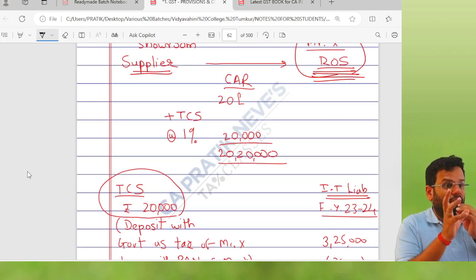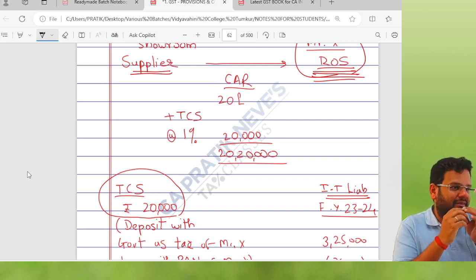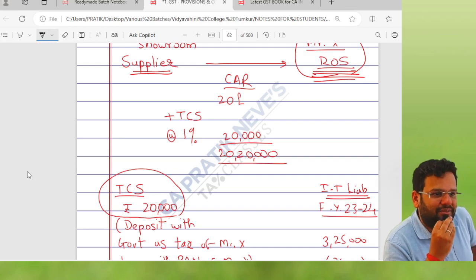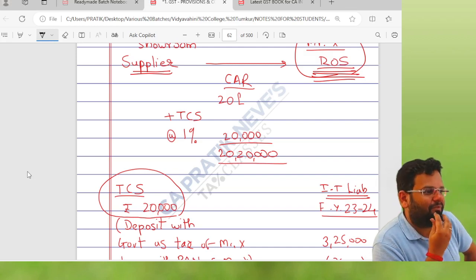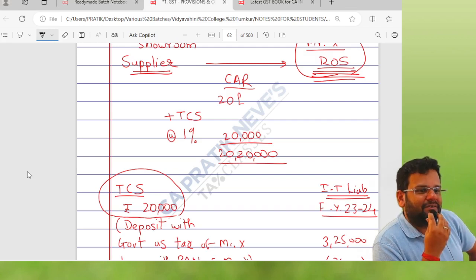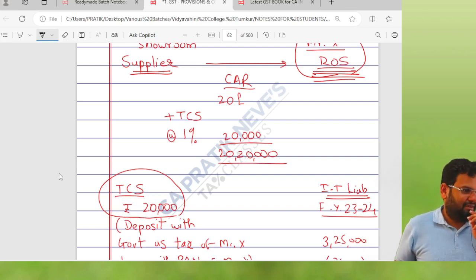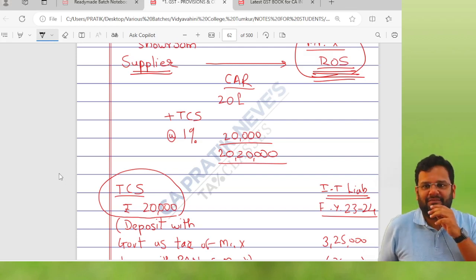Understood? So what is the role of TDS and how TDS and TCS will affect your valuation? Write one sentence, complete this.